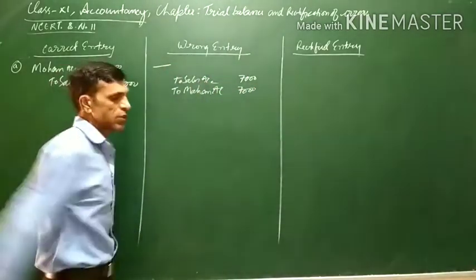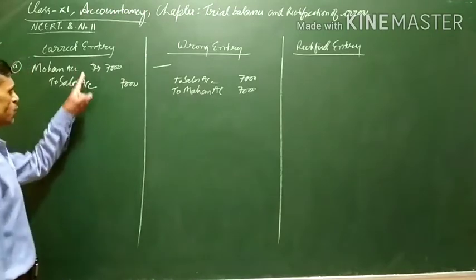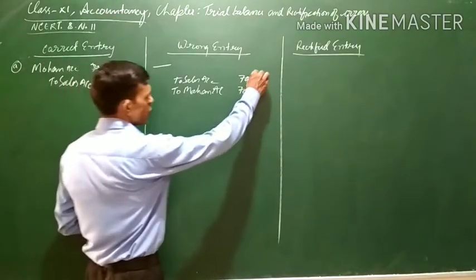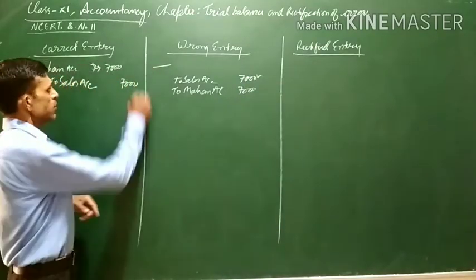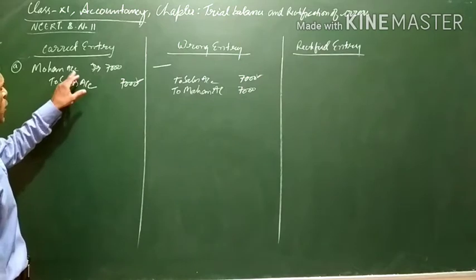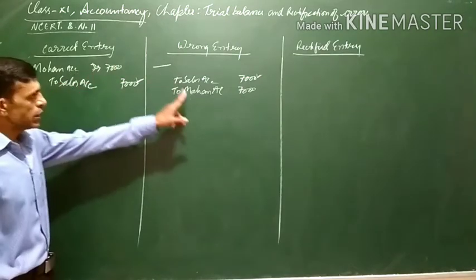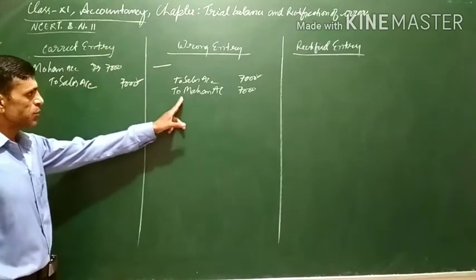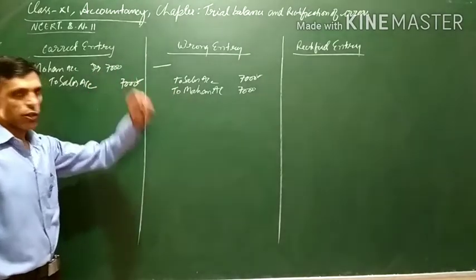There is no debit. In the sales book it was recorded correctly, but instead of the debit side of Mohan account, it has been transferred to the credit side of Mohan account.